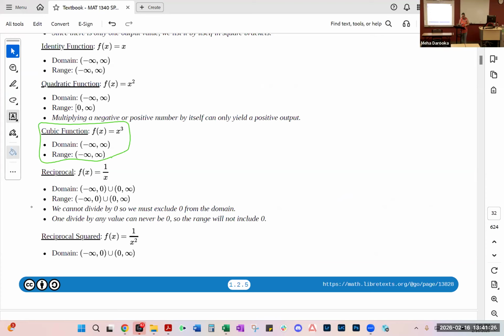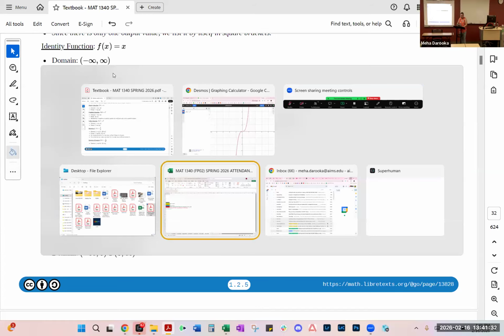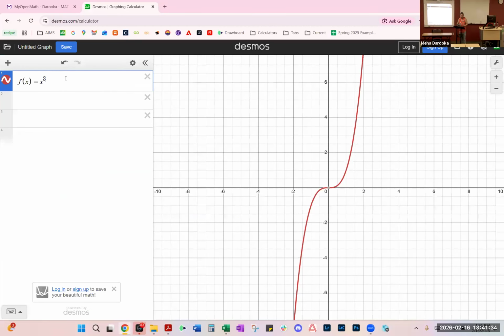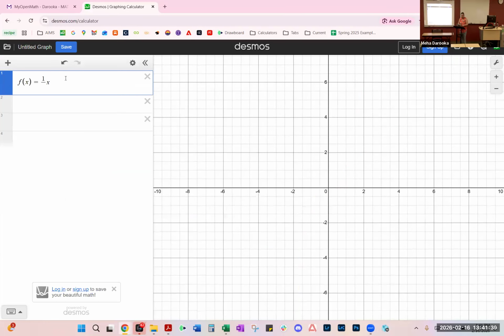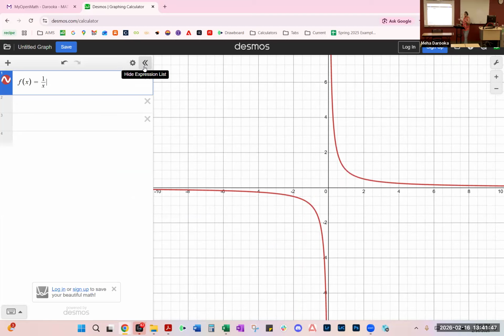Now let's look at the reciprocal function. And this one is 1 over x. Let's come back here, get rid of that. So 1 divided by x, and you will see what this ends up looking like. You should also recognize that since the x is in the denominator, we also call these rational functions because it's got a fraction, right?